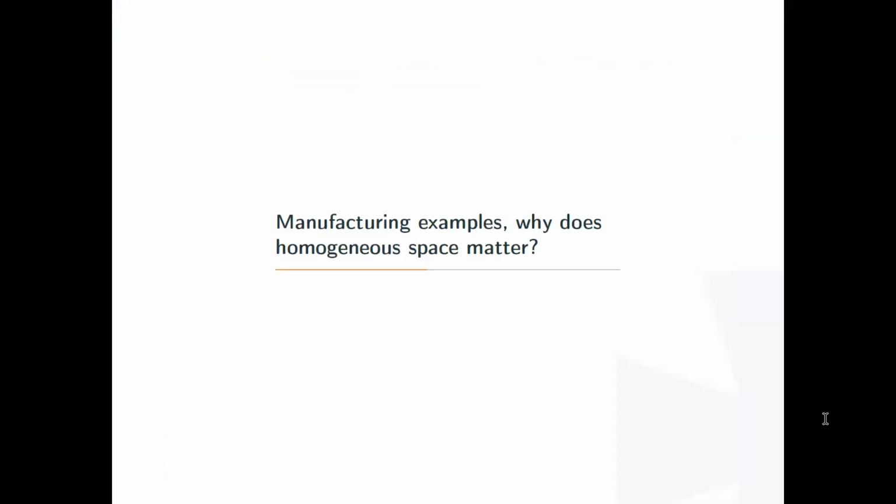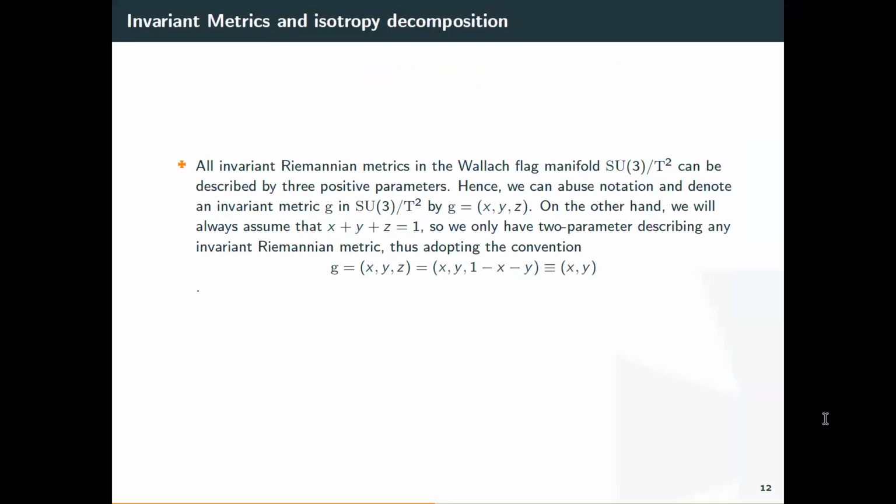Okay, so I'm going to be very quick here about manufacturing examples. Why does homogeneous space matter, and how did we make our computations? It's very important to mention that our invariant Riemannian metric on the Wallach flag manifold can be described by 3 positive parameters. Hence we shall very often abuse notation and identify every metric by 3 parameters, x, y, and z.